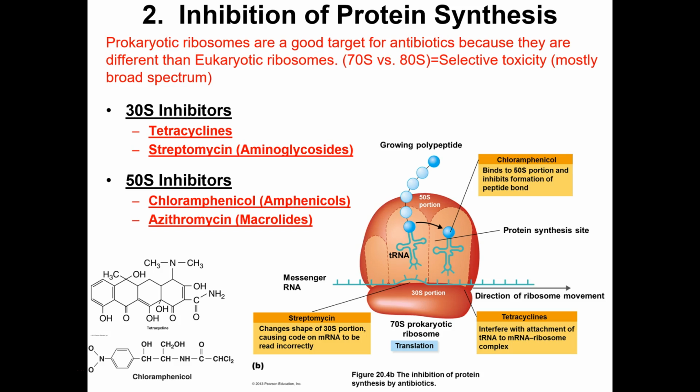Streptomycin is in a group called the aminoglycosides. Streptomycin and its brethren bind to the 30S portion, and this is kind of clever. They prevent the ribosome from finding the start codon. It effectively blinds it. So if it can't find the start codon, it won't know where to start translation.